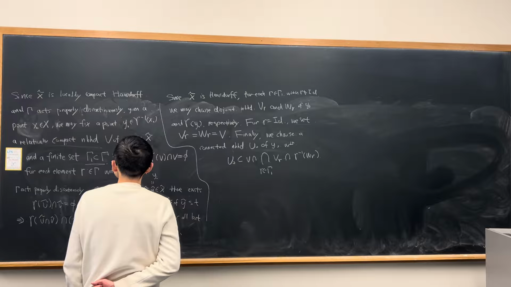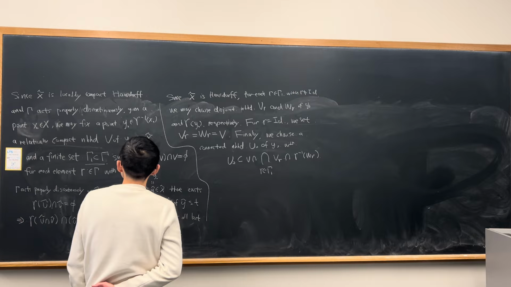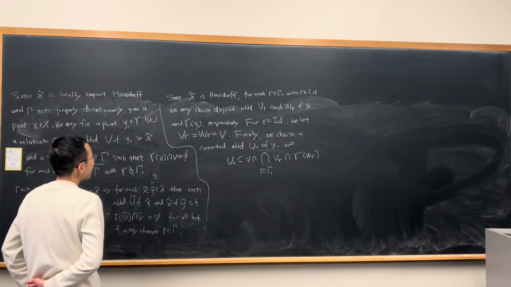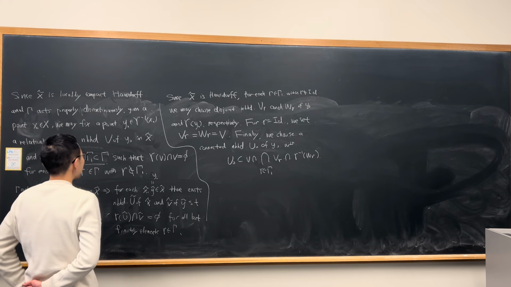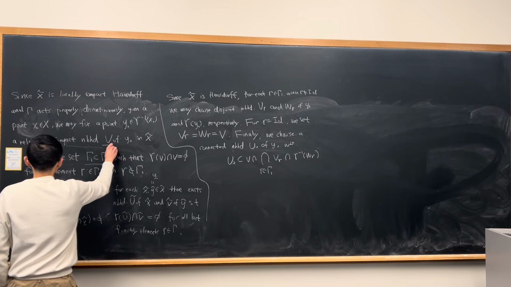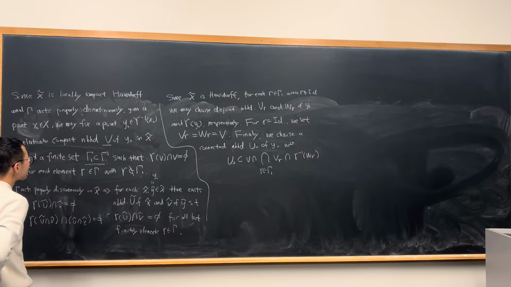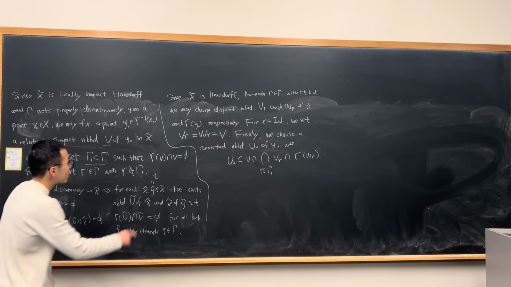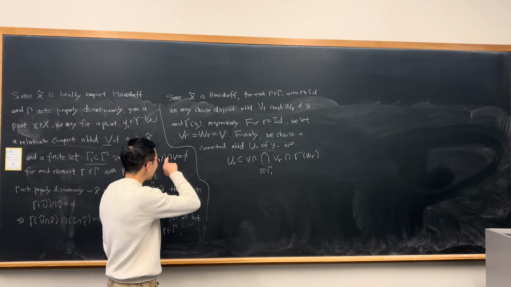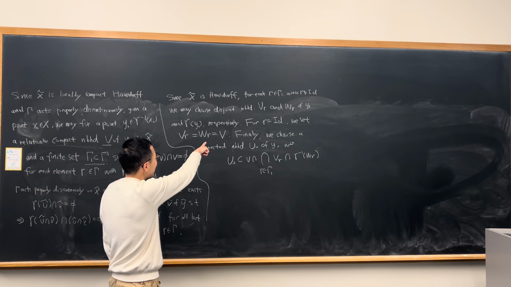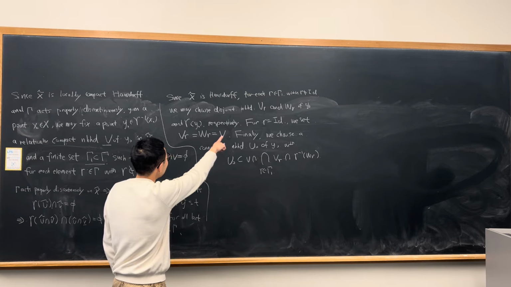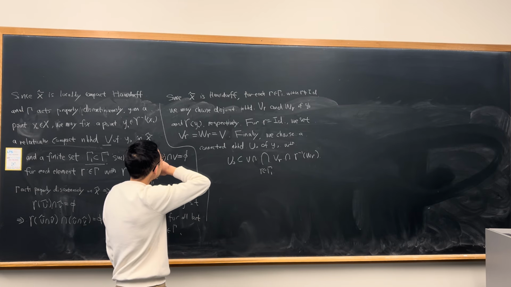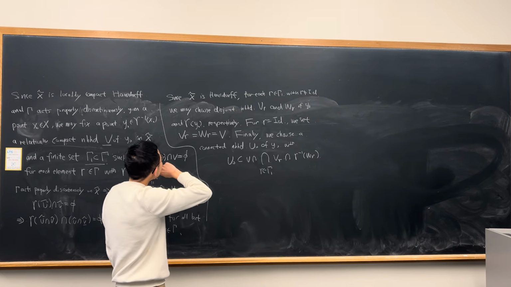Okay, I see. This V is the relatively compact neighborhood V on this x tilde such that this property holds, right? So this is the V here.